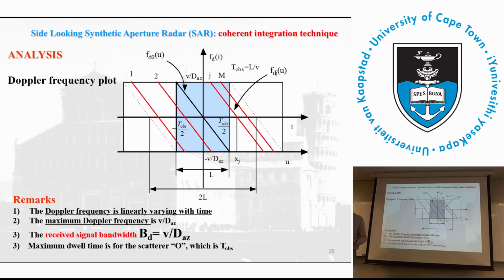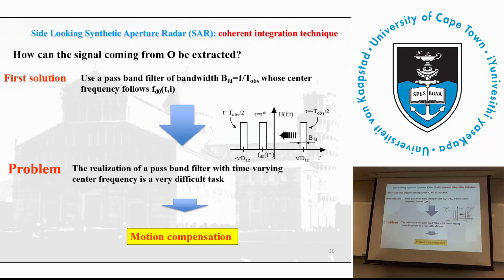But to do that in practice, it means that I have to design a filter that changes its central frequency in time, a filter that moves from here to here within that T ops. That's a bit annoying, creating a time varying filter. But that's one thing that I can do.